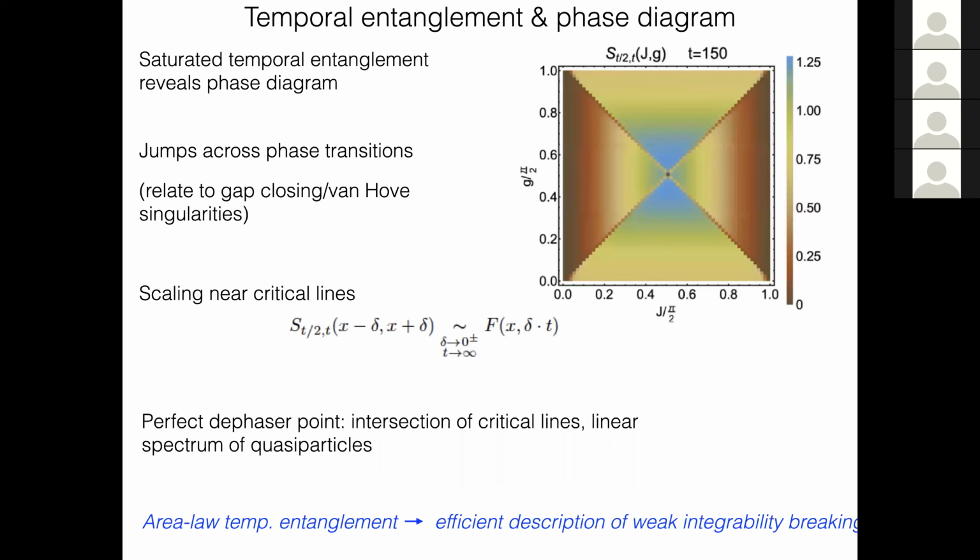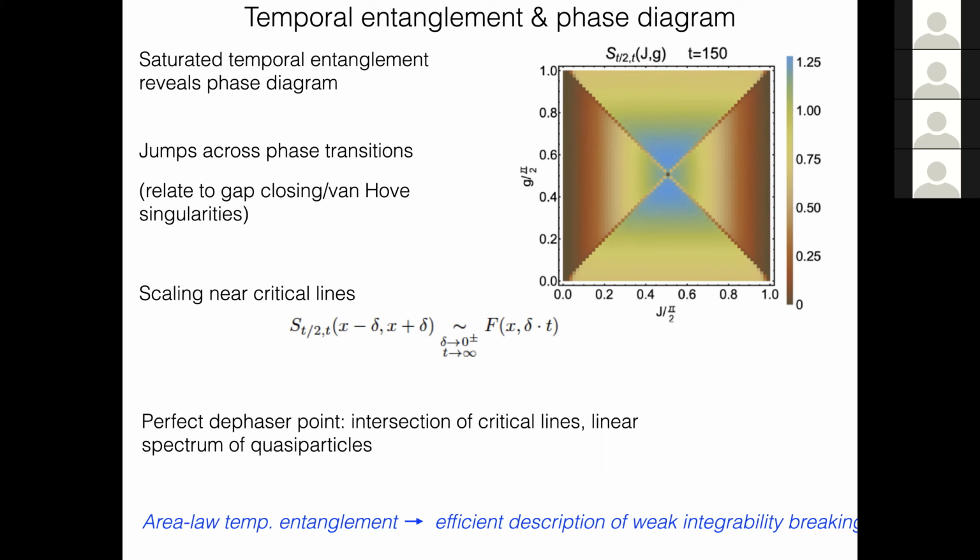You can do more with this approach. For example, if you look at the saturated value of temporal entanglement at long times, shown here on this plot as a function of your field and ZZ interaction, that reveals the phase diagram. You see that the diagonals are exactly where the phase transitions happen, and you can get edge modes in this model.